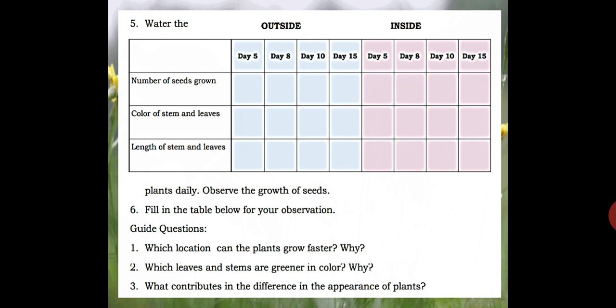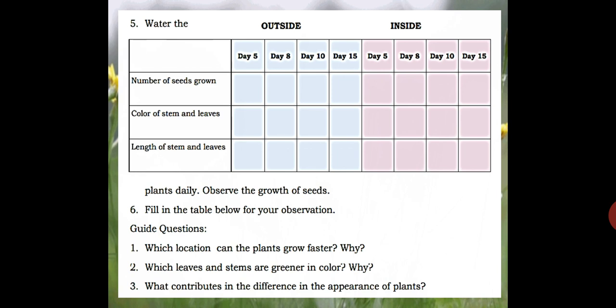The pot that is being placed inside will also be observed for day 5, day 8, day 10, and day 15. So, dun sa ating observation, you're going to note the number of seeds grown, colors of stem and leaves, length of stem and leaves.